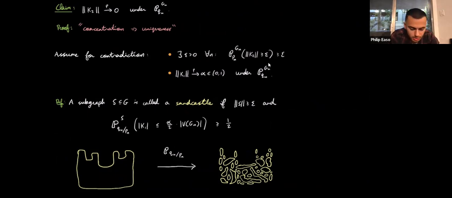Okay, here's another claim that I'm not going to prove, but it's not trivial, but it's also not the hardest step in the proof. And that's that at this sequence of parameters Qn, you also have uniqueness of the giant cluster. So the second largest cluster has density tending to 0 in probability. Basically, this is just because concentration implies uniqueness, and concentration is a stronger property than uniqueness.